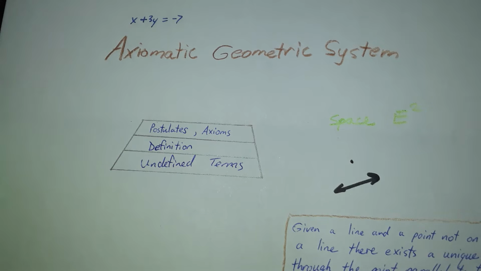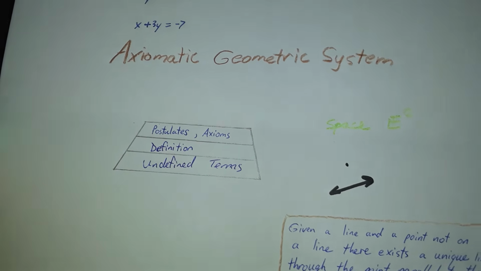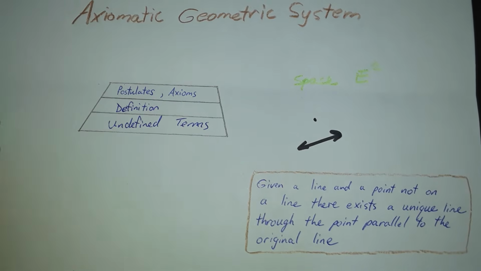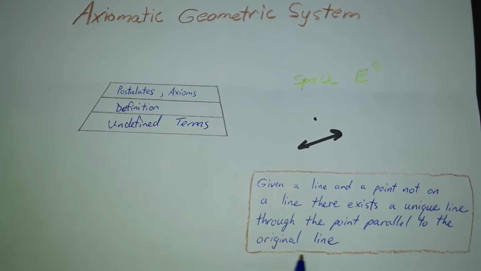And then from all these statements of facts and the definitions and maybe using some undefined terms, you're going to put these things together to build other logically sound ideas. So one example is what I've written down here in the corner. This is one of the most famous ones.